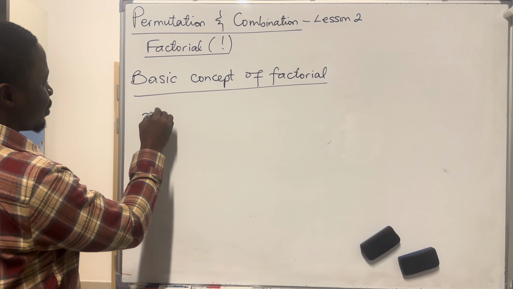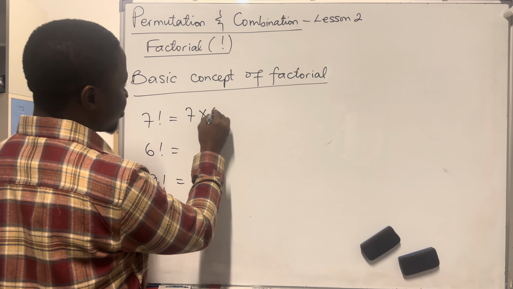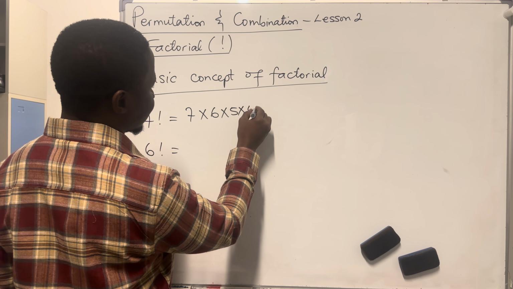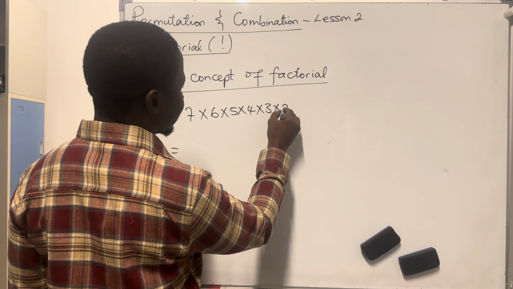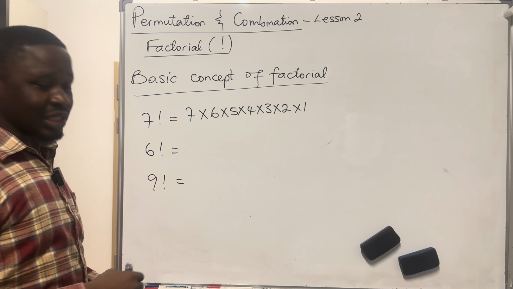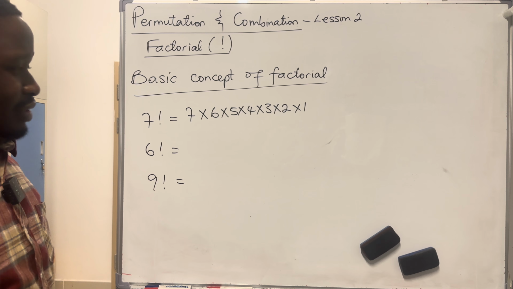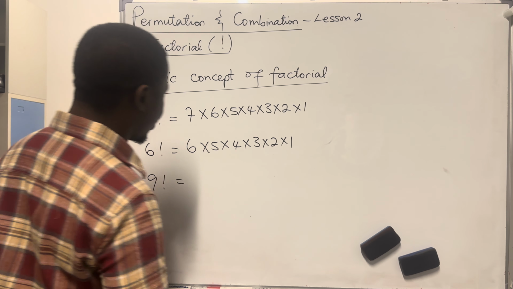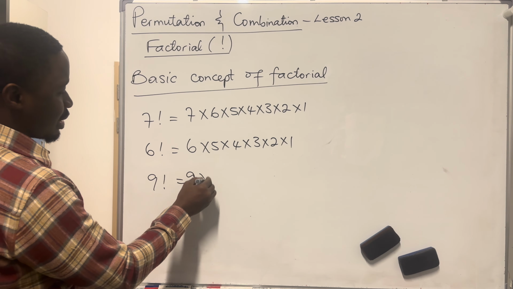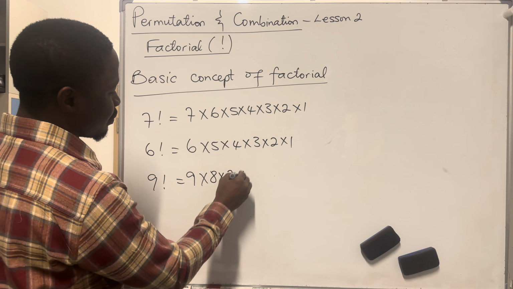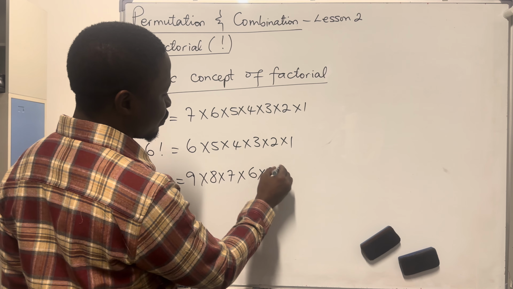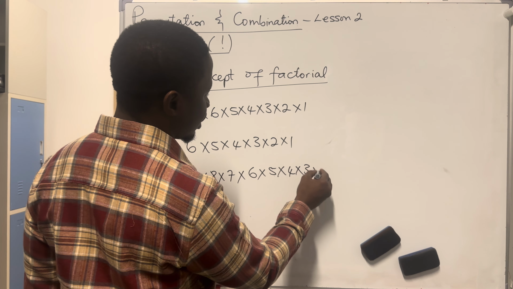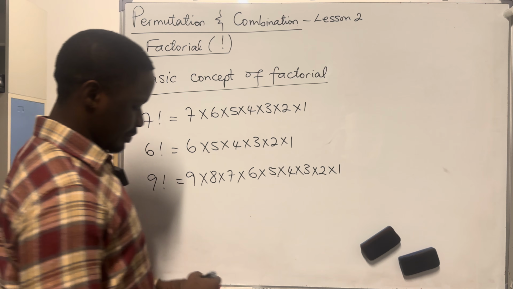This is just a similar thing to what I did in the first lesson. 7 factorial is 7 times 6 times 5 times 4 times 3 times 2 times 1. 6 factorial is 6 times 5 times 4 times 3 times 2 times 1. 9 factorial is 9, 8, 7, 6, 5, 4, 3, 2, 1.